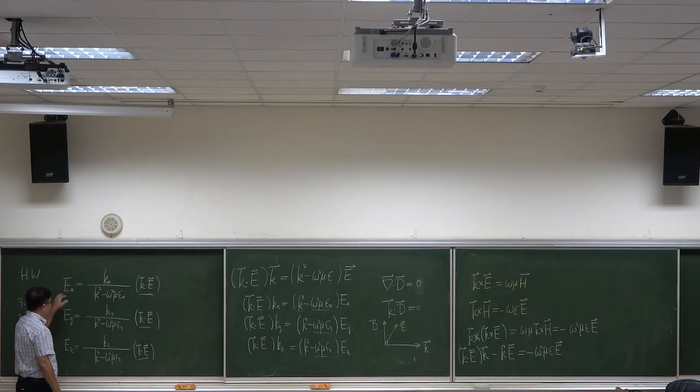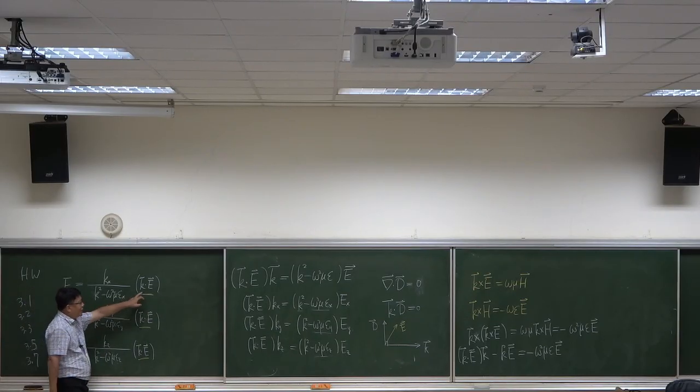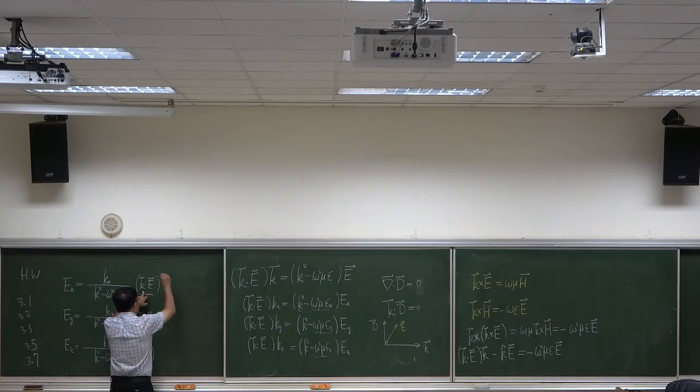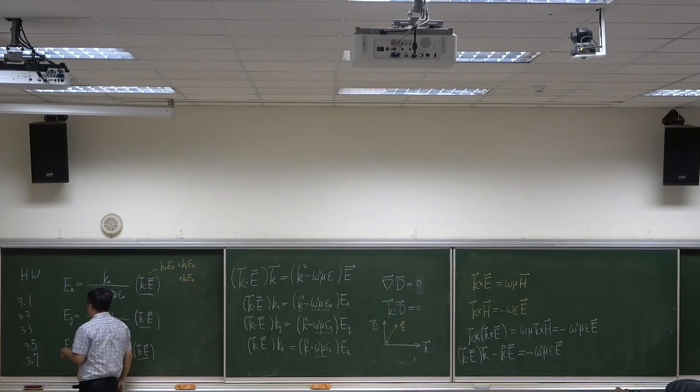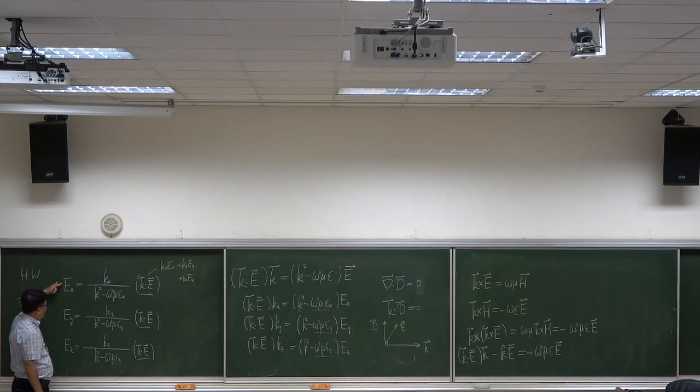Then you observe that K dot E is nothing but Kx times Ex plus Ky times Ey plus Kz times Ez. Here we have Ex, Ey, and Ez.